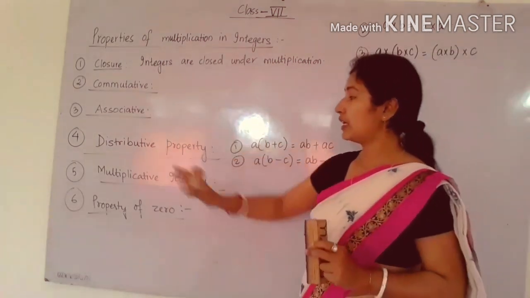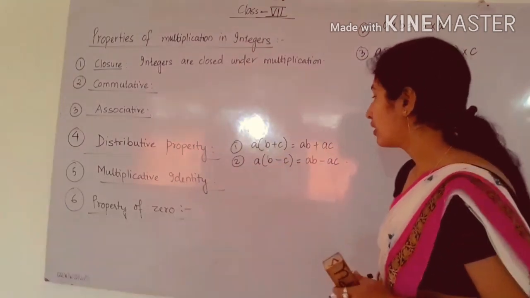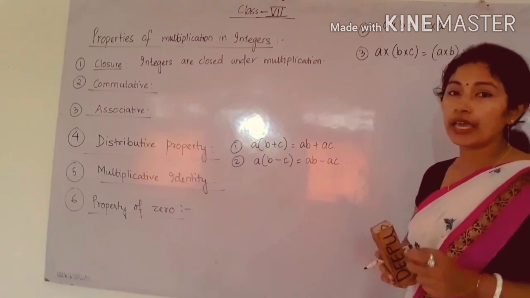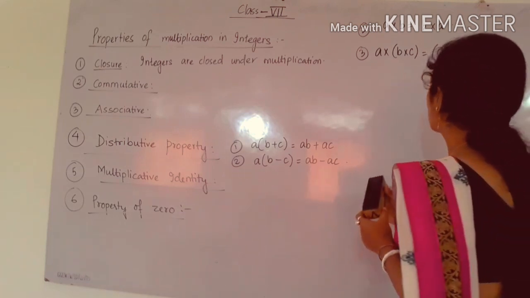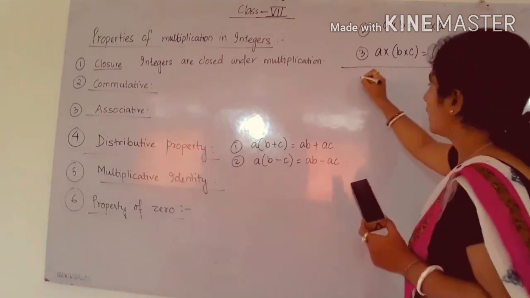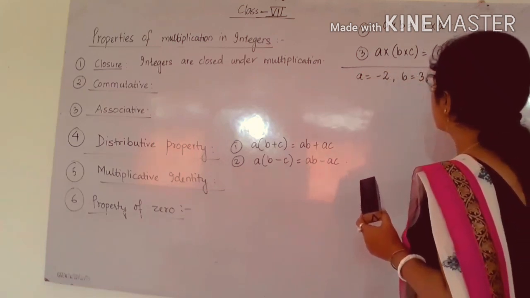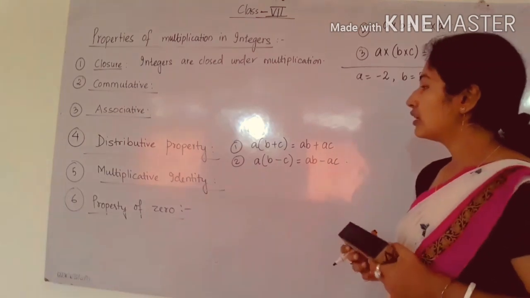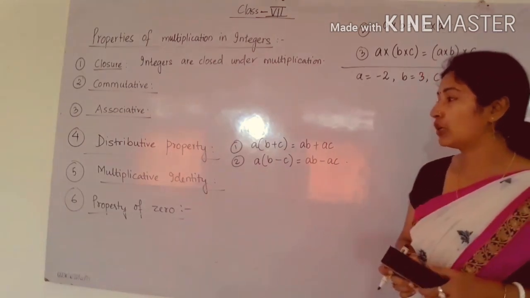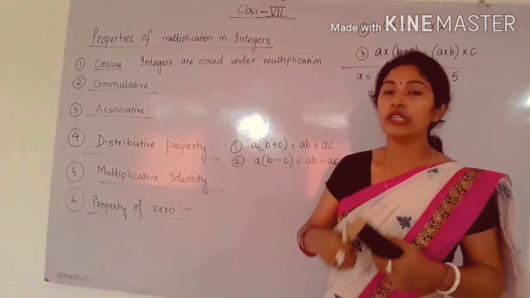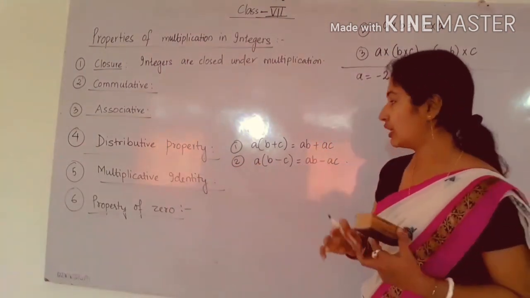So the next property is distributive property. In distributive property also we have to take three integers A, B and C. For example, A is minus 2, B suppose 3 and C suppose 5. In distributive property what will happen? What is the meaning of distributive? Distributive means distributing. So what are we distributing here?